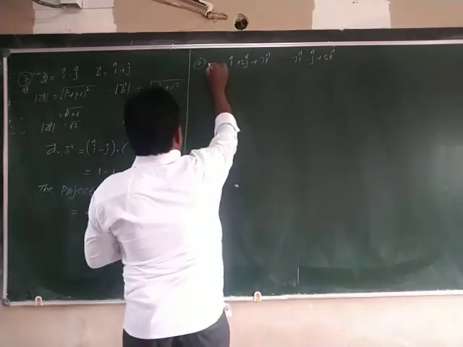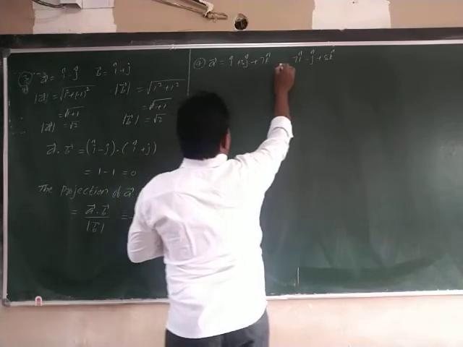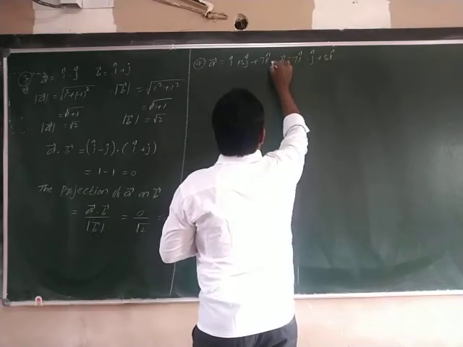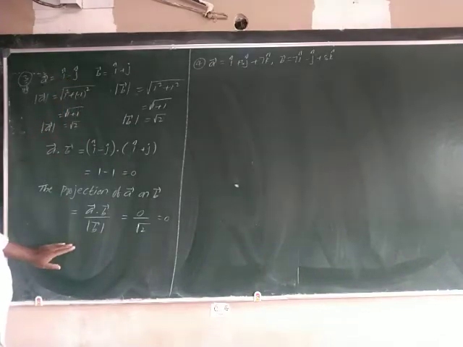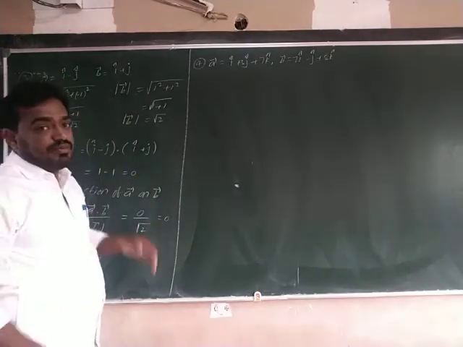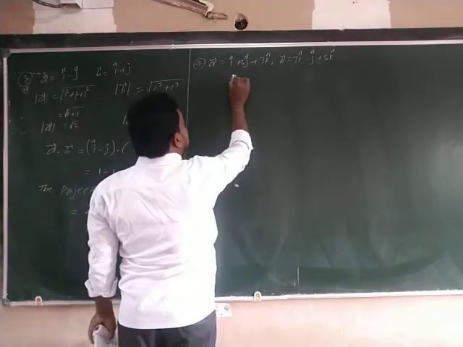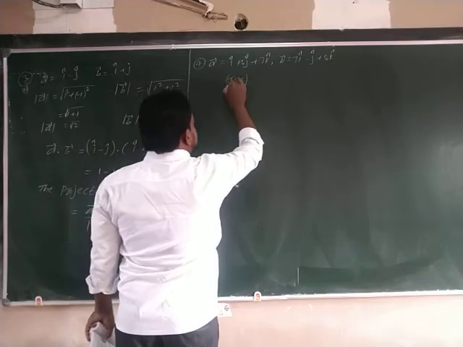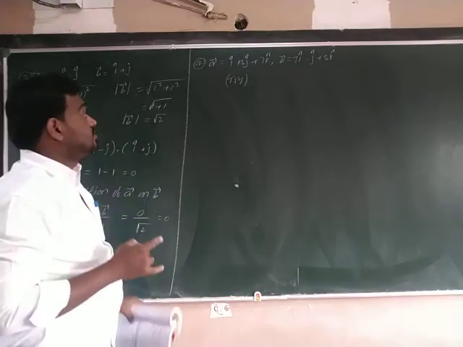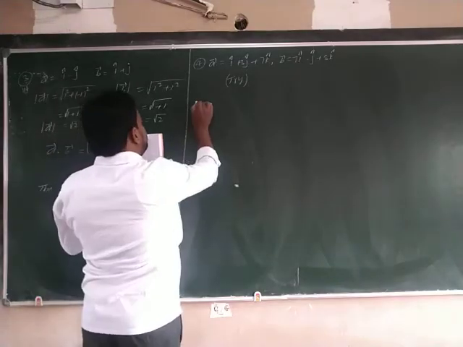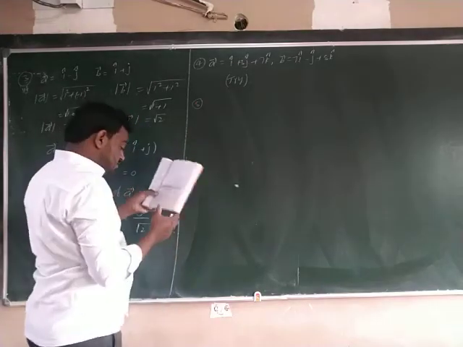Take the first as vector A and the second as vector B. Just follow the same method and you will get the answer. Try this one in your textbook. The answer is at the back side. Once check your answer. This is for you to try.